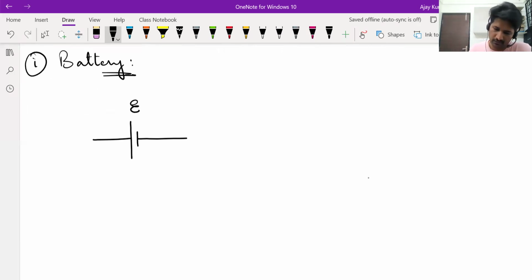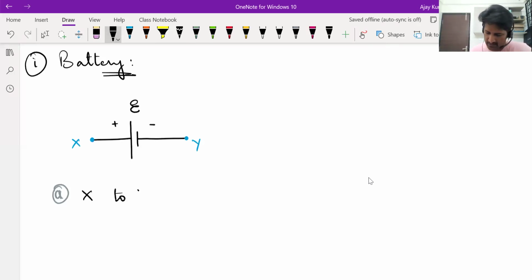Okay, now we know one side is positive terminal, the other side is negative terminal. Let's call this as X, this as Y. When you move from X to Y, first case, as you move along the loop, let's say you happen to go from the positive terminal of the battery to the negative terminal. Can one of you tell me?